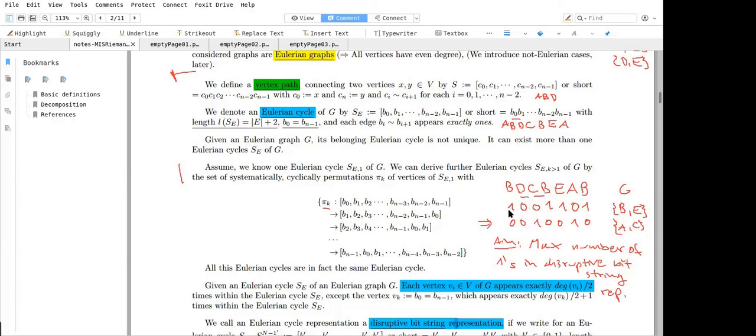For example, we have a 1 here and a 1 here. It's the same vertex, so we would only count it once and not twice. So the maximum number of ones here is the first one and the second, so we have 2 ones, and here we also have this one and this one, 2 ones.